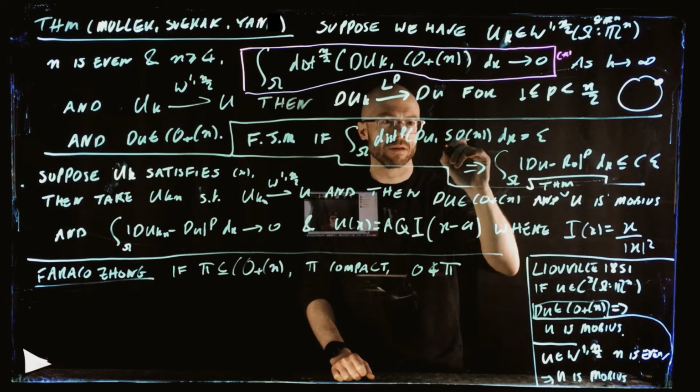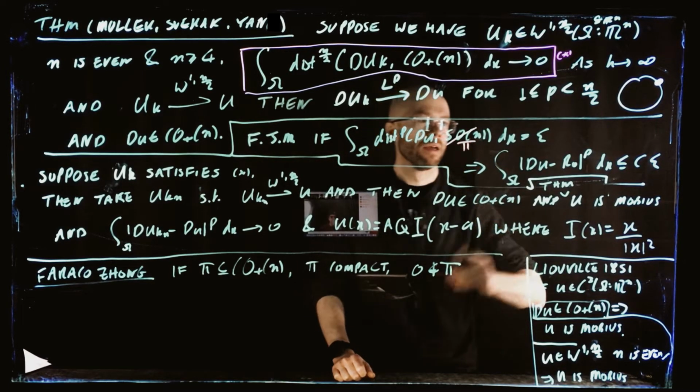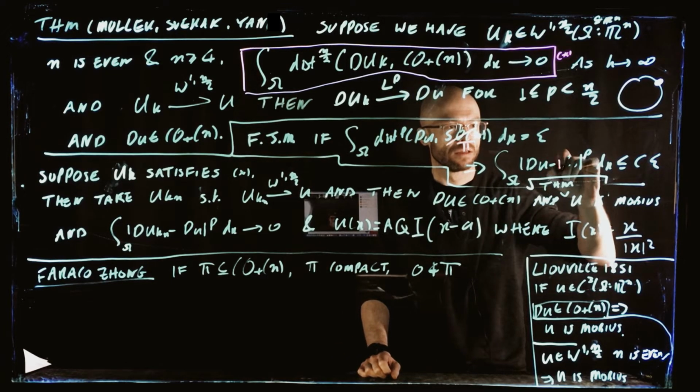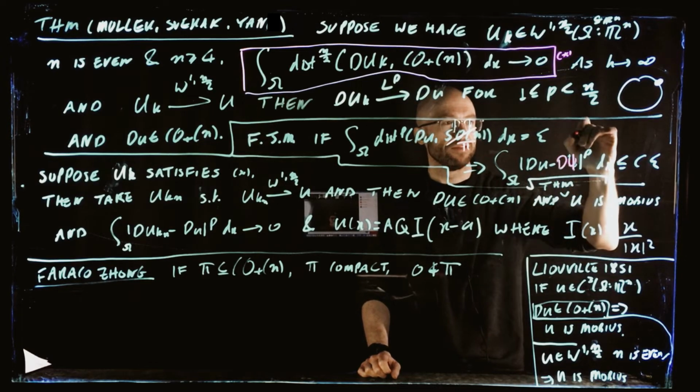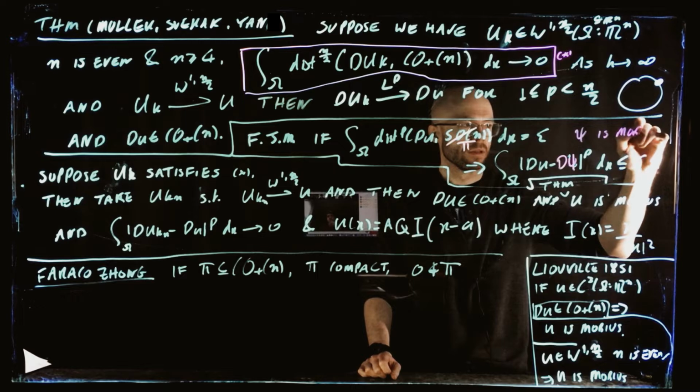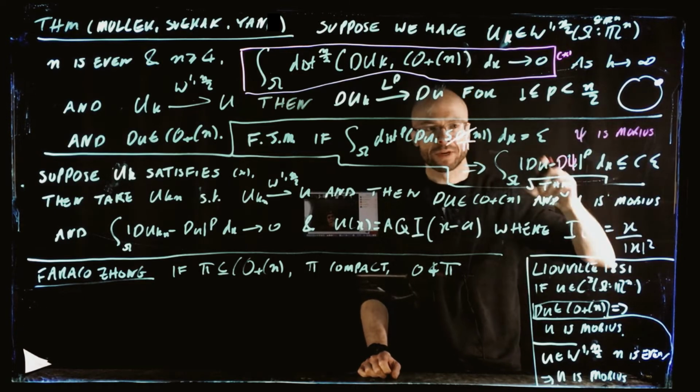You can have this conclusion replaced by pi, and then you'll have that this thing is close to some phi which is Mobius.